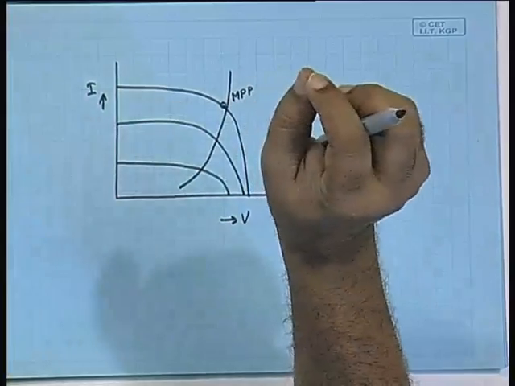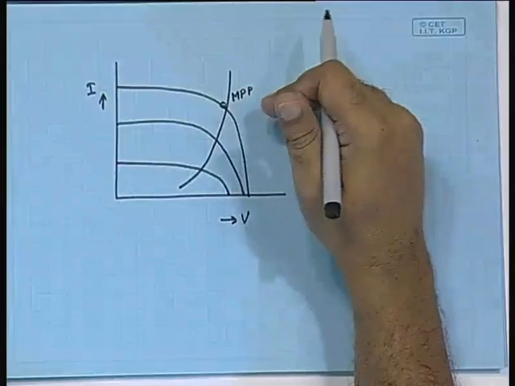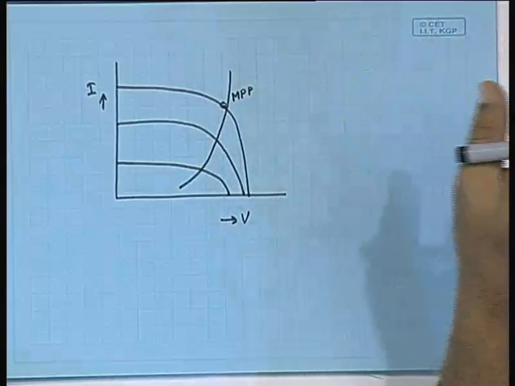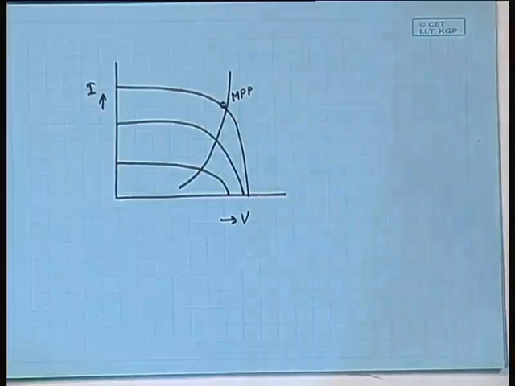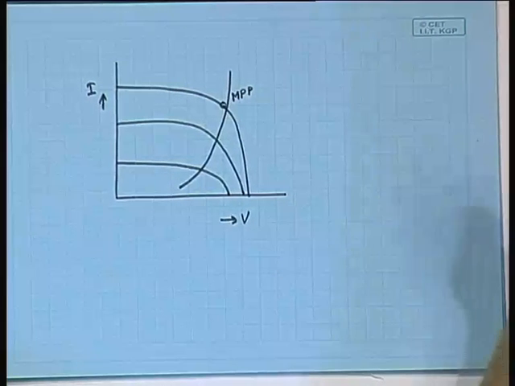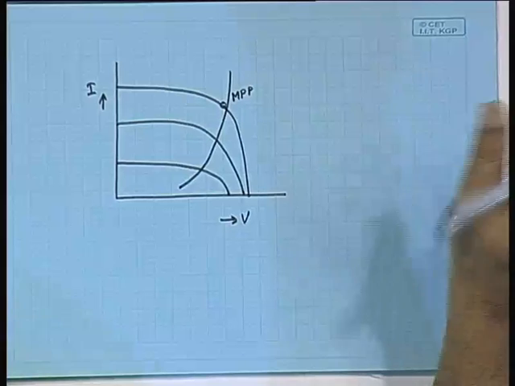Do you remember this word insolation? Insolation is not insulation, insolation is incident solar radiation. So, depending on the insolation, you have a different value of load resistance that will give you maximum power. How to find out?